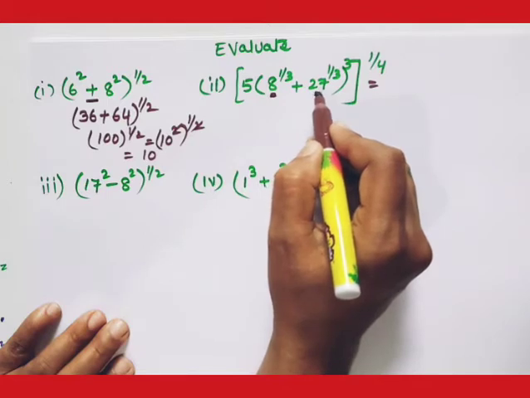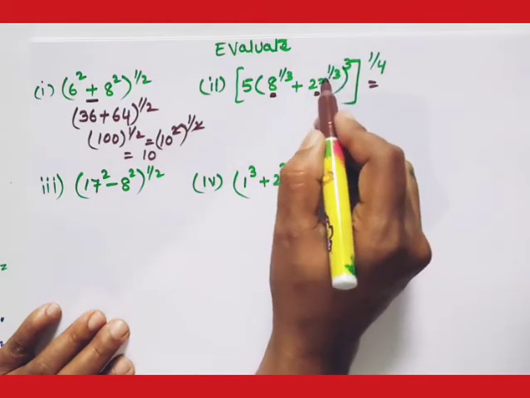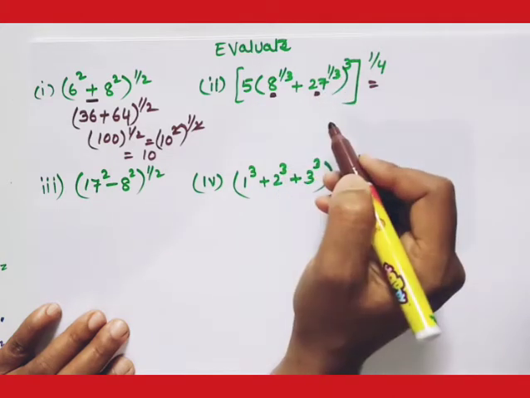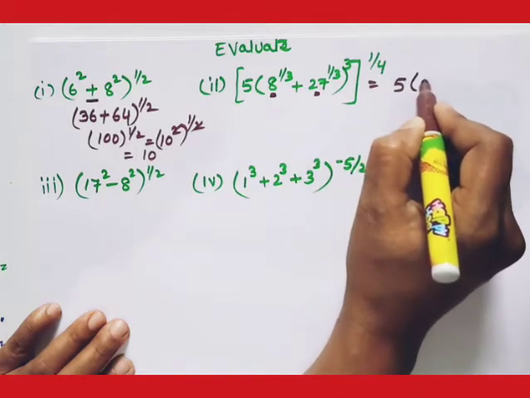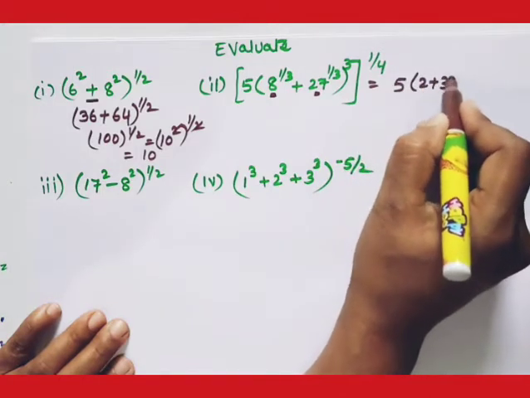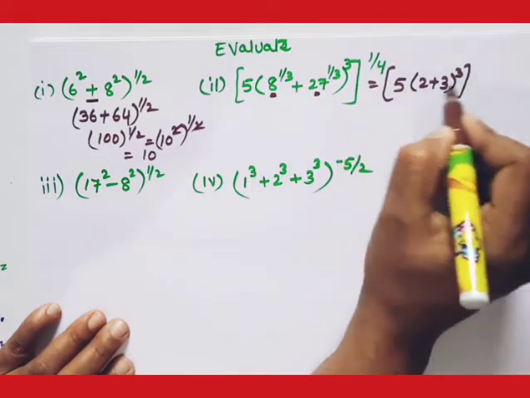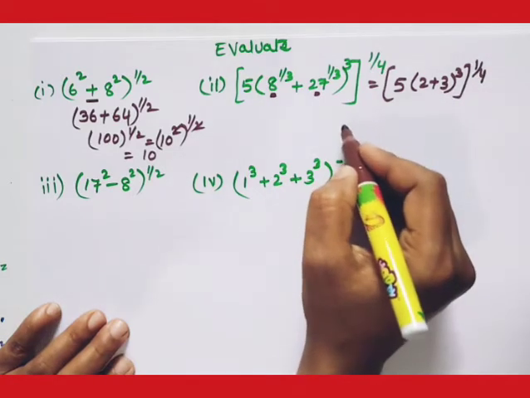And here 27 means 3 cube and 27 to the power 1 by 3 is 3 cube to the power 1 by 3. 3 and 3 will be cancelled and you will be left with 3. So we can write it as 5 into (2 plus 3) to the power 3 and whole to the power 1 by 4. I hope this is clear to you now.